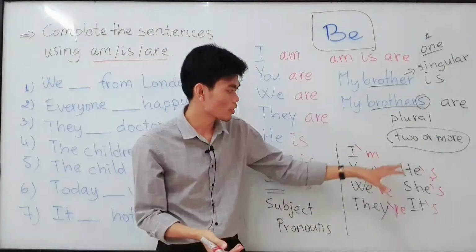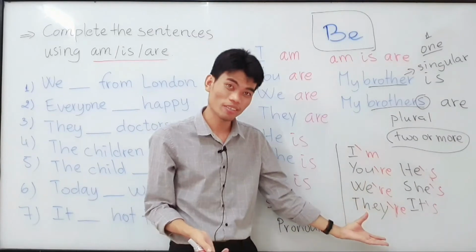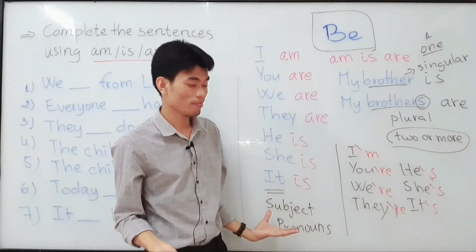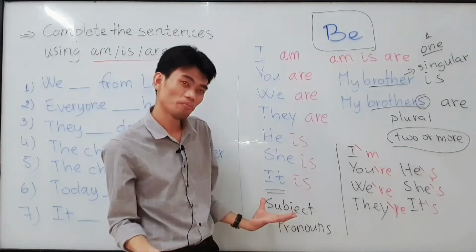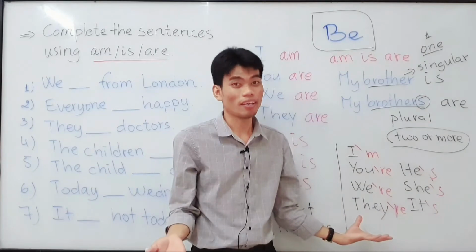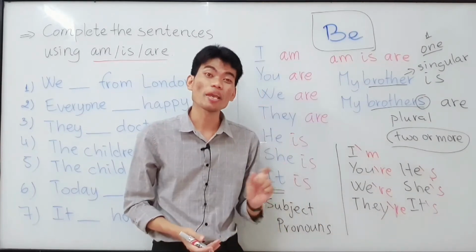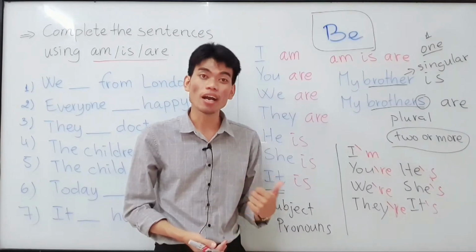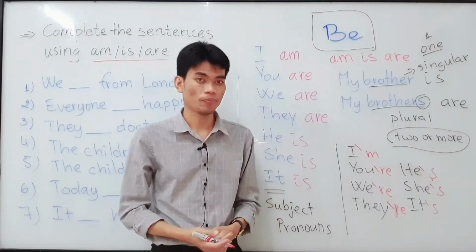Okay? Now you see this is shorter and easier to say than this. Not always easy, but it's shorter and quicker. I am, I'm. You are, you're. We are, we're.